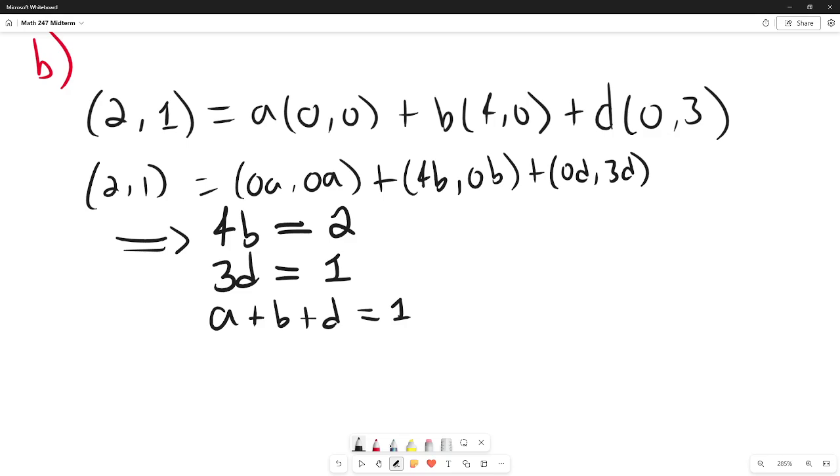And then finally, all these values must be non-negative. So A, B, D is greater than or equal to 0. If you do not put those things, you more than likely will not get credit.